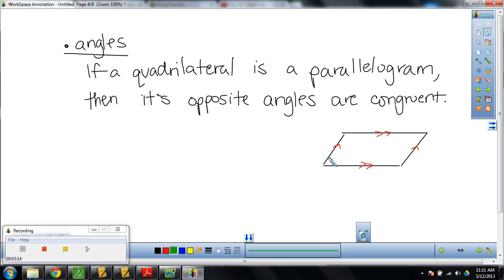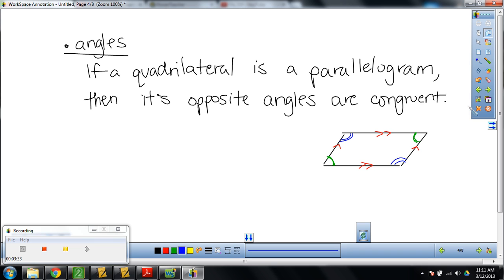So if I have this angle congruent right here, then I know that the opposite angle is going to be the same measure. And this angle over here is going to be opposite and congruent to the blue angle down at the bottom. So that's one of our properties of angles.